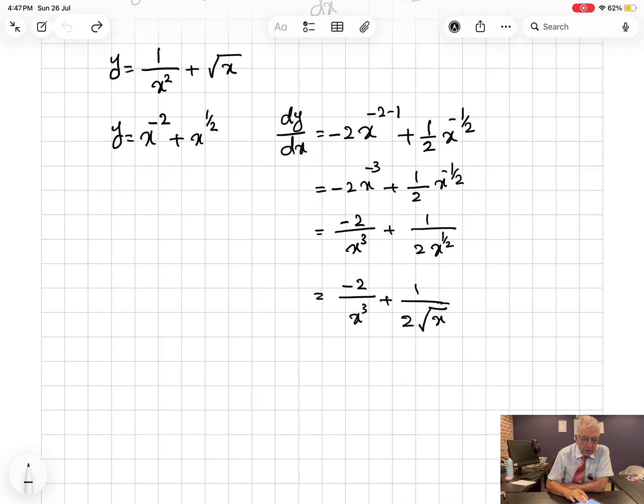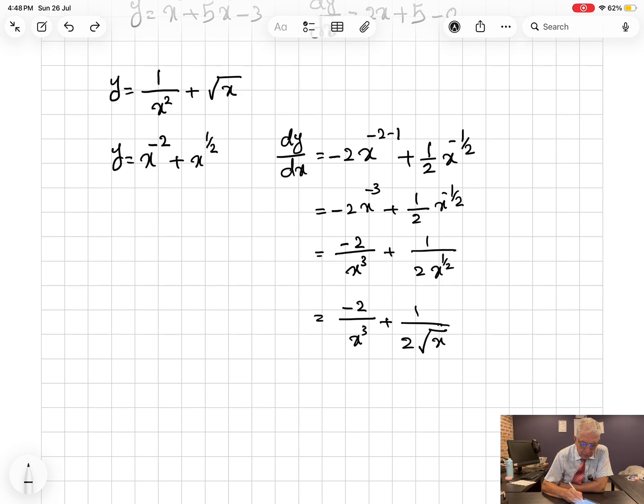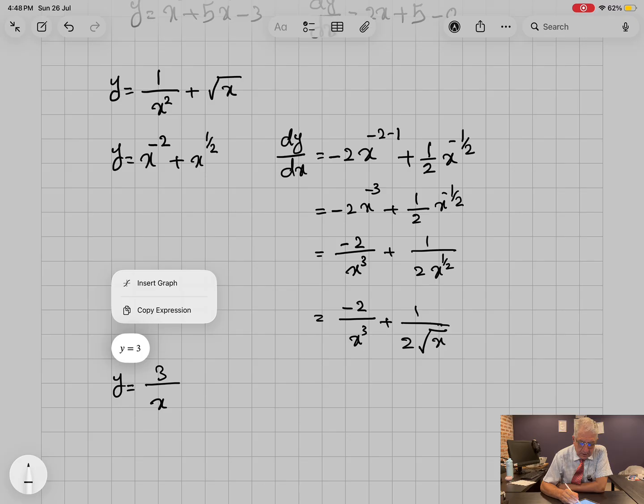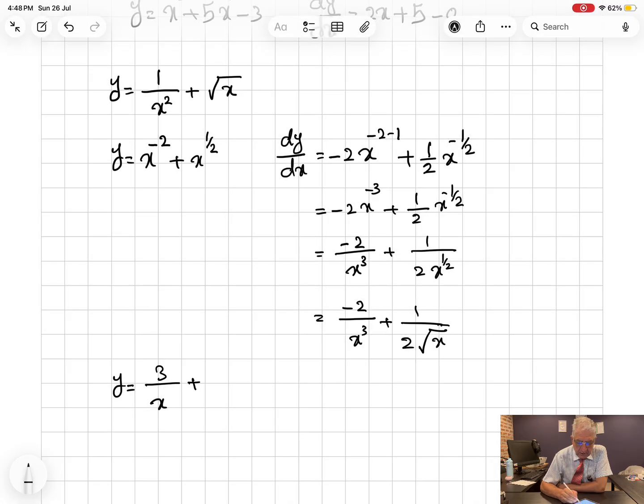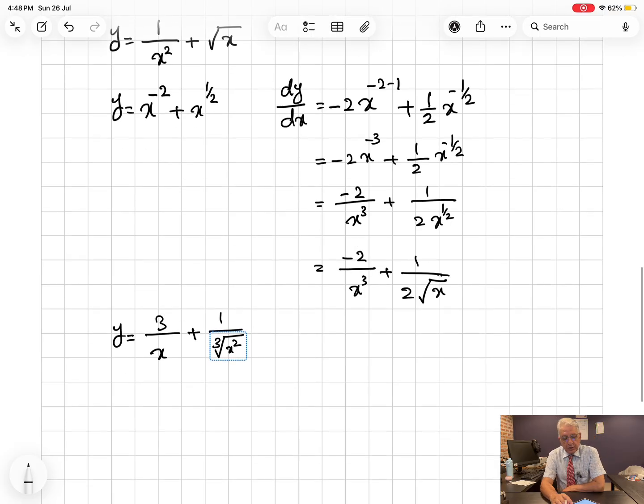Now, let us do one more example like that. Suppose y is equal to 3 divided by x plus 1 divided by the third root of x squared. Okay, now I want to differentiate this one. First, I will write this in exponential format.